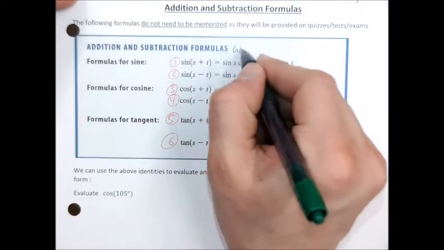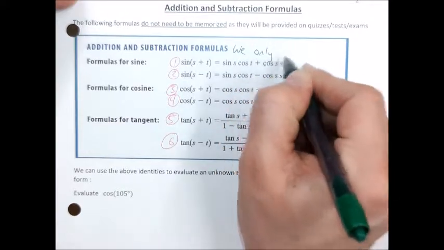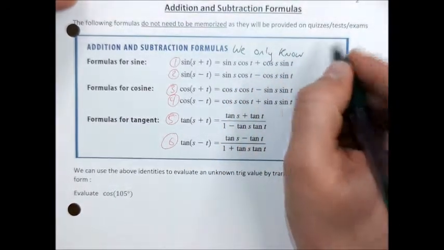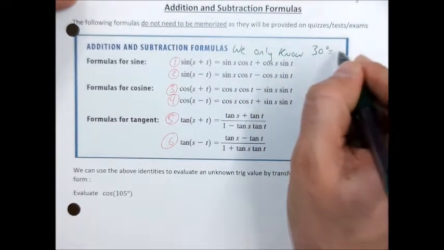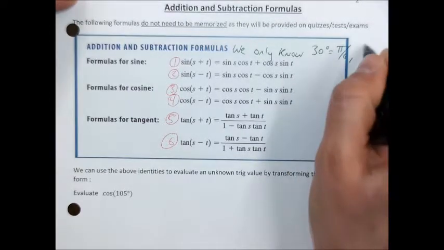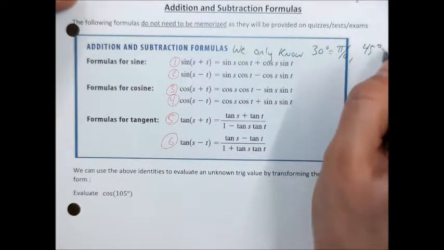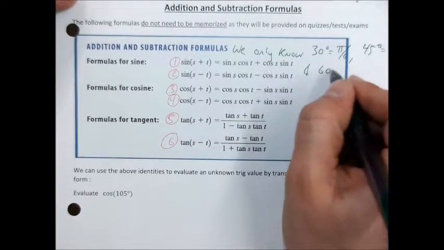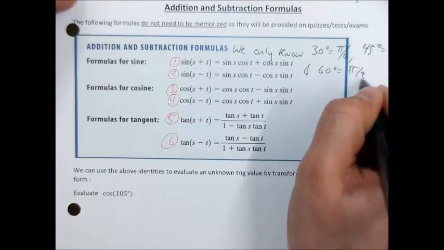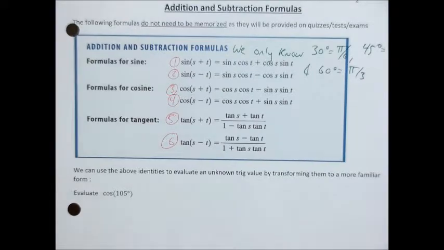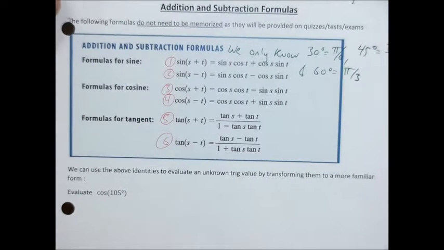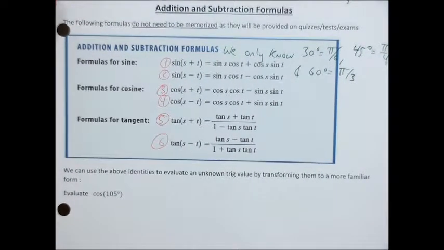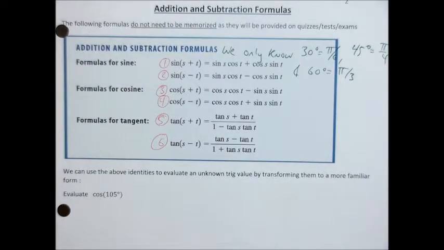So all we know on the unit circle is 30 degrees, right? That's pi over 6. We know 45 degrees, which is pi over 4. And we know 60 degrees, which is pi over 3. Right? So if we're given something that's one of those 3 things, then we're able to do the problem because we know those values.